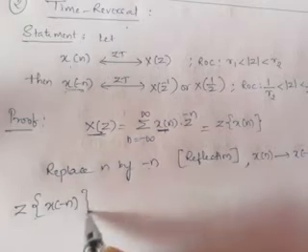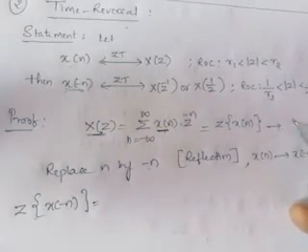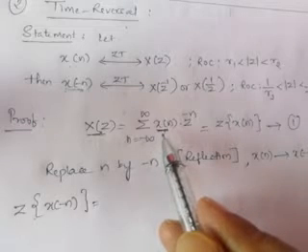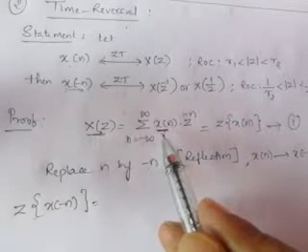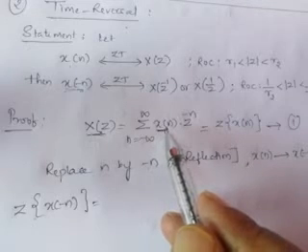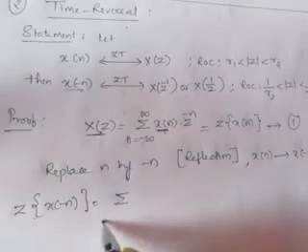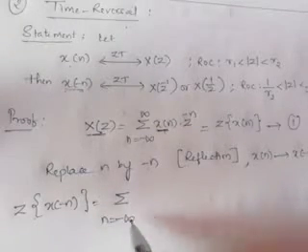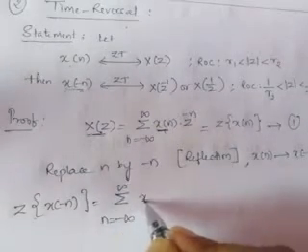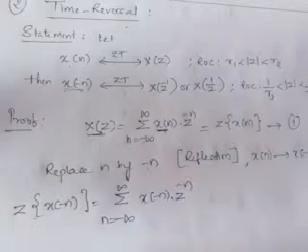is equal to, let us represent this as equation 1. In this equation we are simply replacing n by minus n, that is summation n equal to minus infinity to plus infinity x of minus n z to the power minus n.